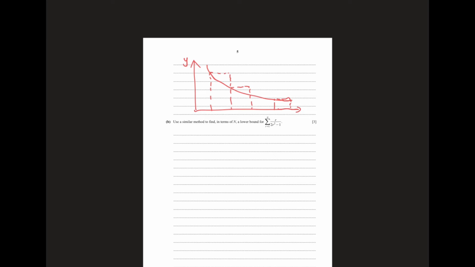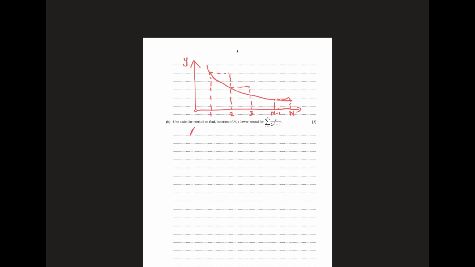Okay, so in this case, I purposely create a rectangle so that my rectangles have area greater than the area under the graph. So this is where I can get the lower bound. So let's build up the inequalities again.